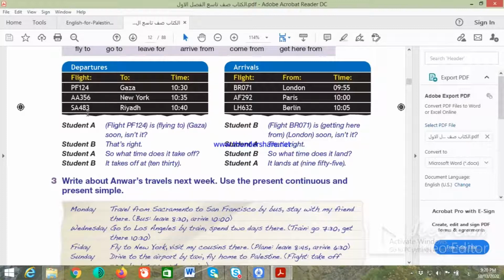Here is the name of the flights, and here, in the middle, the name of the places, and arrivals the same, the time of the flight, the same, the arrival. First the name of the flights, and in the middle the name of the places, the time of the flight.